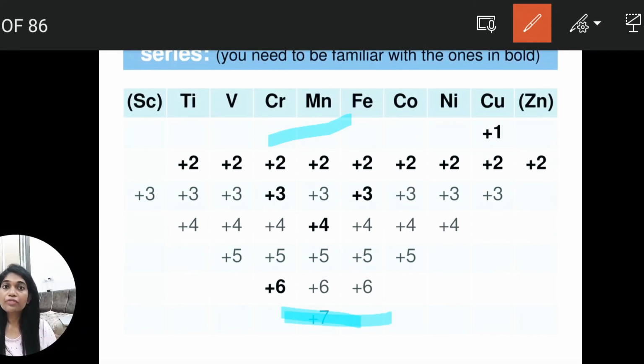If any element loses its electrons, its oxidation state is positive, and if it accepts electrons, its oxidation state is negative. In the case of metals, always remember the oxidation state is positive, and transition metals show variable oxidation states from +1 to +7. Let's take an example.